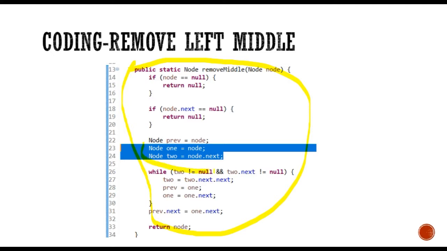So we change these two lines. Previously, the starting value for the one pointer is node.next, and for the two pointer it is node.next.next. If we want to remove the left middle, we just point the one pointer to node, the beginning of the list. And for the two pointer, we just point to node.next. That's all the change for removing the left middle.